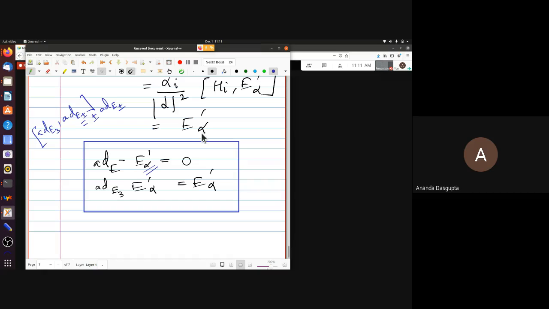The SU2 representations are labeled by a label J, right? The individual states within the representation are labeled by M. Okay? And what does M range over?